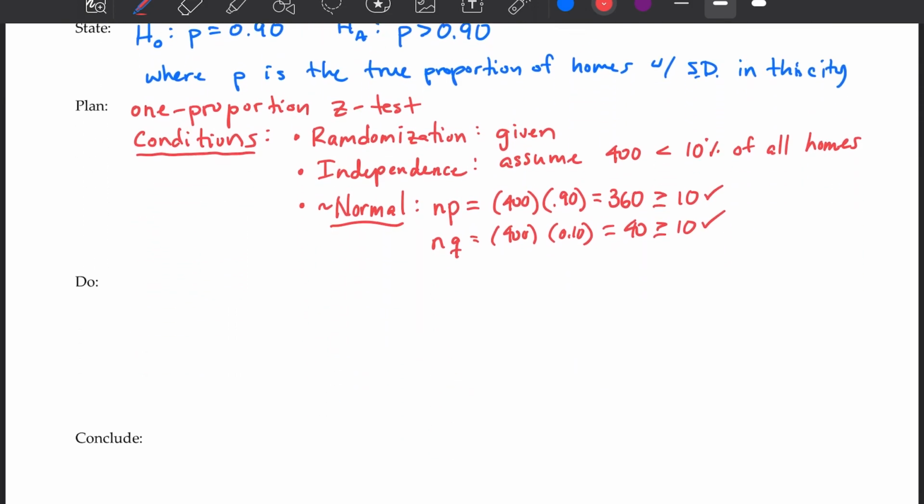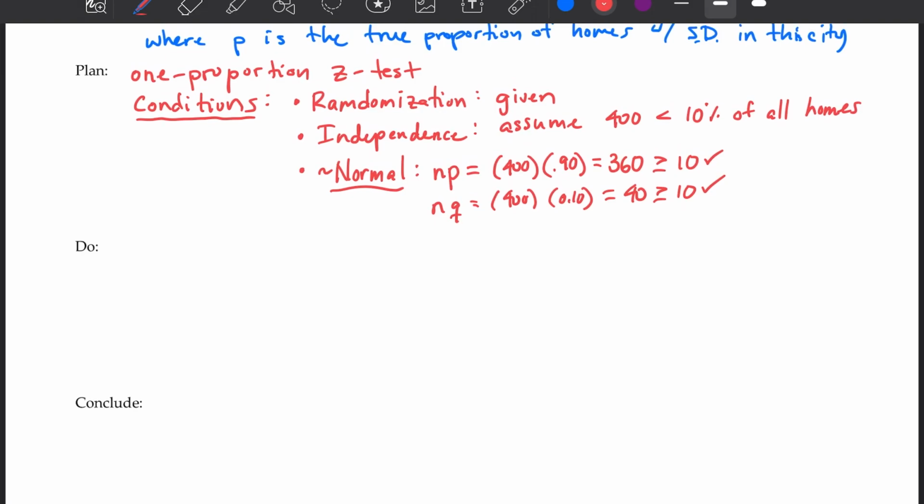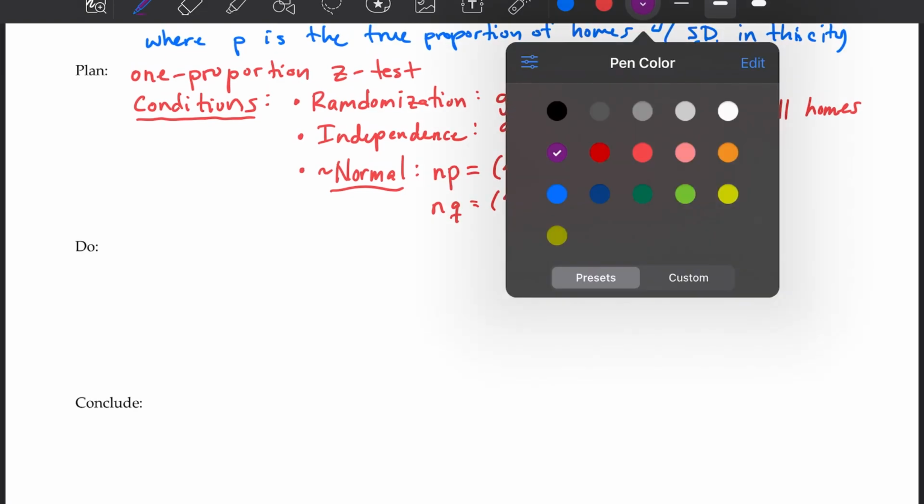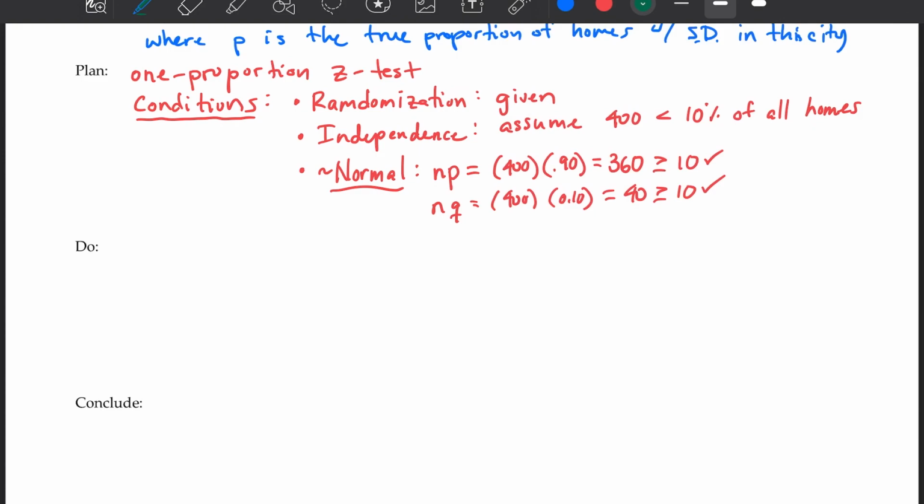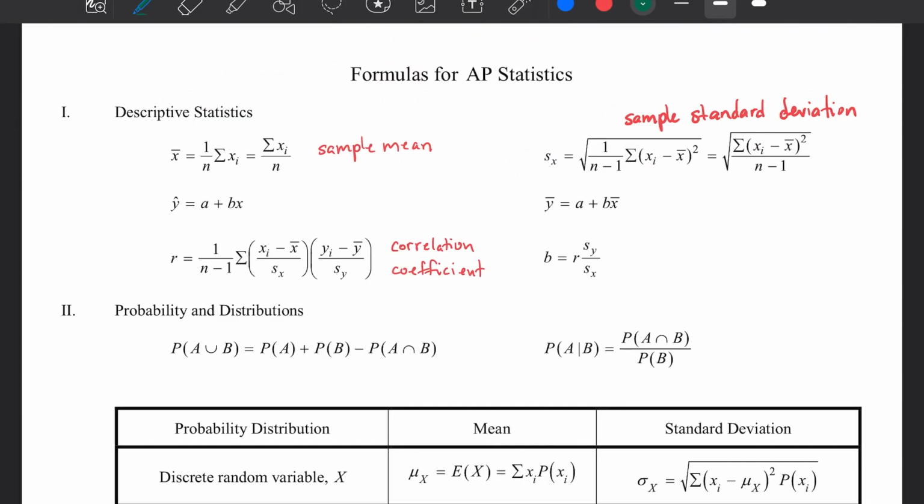All right, next step, do. What are we going to do? Well, this is where we're going to start doing some math work here to try to find some stuff. So the first thing we're going to do is identify our center and our standard deviation for this, okay? If you have forgotten what those things are, we can go to the formula sheet to help us out with that.